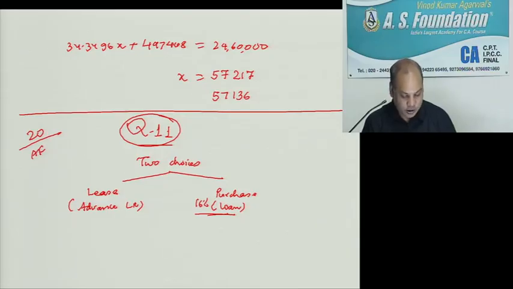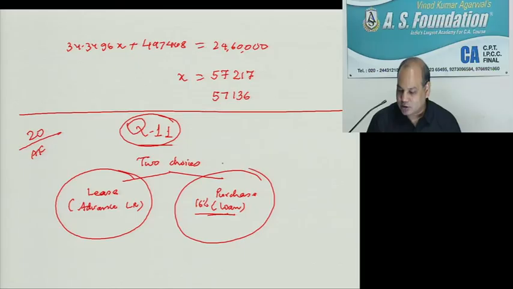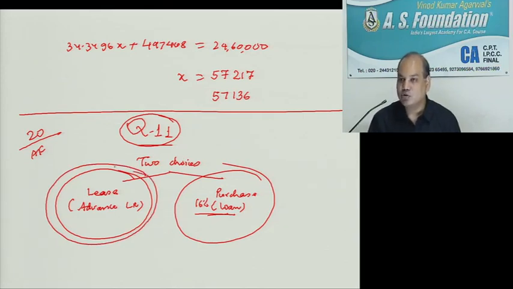As a financial consultant, indicate what your advice will be, whether the lessee should go for lease option or the purchase option. But first thing you have to find out how much will be the lease rental the lessor would charge, which will give him a post-tax return of 10%. Once you get that lease rental figure, then we'll solve it like a normal question.